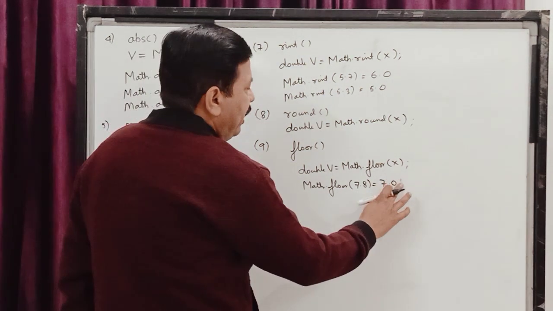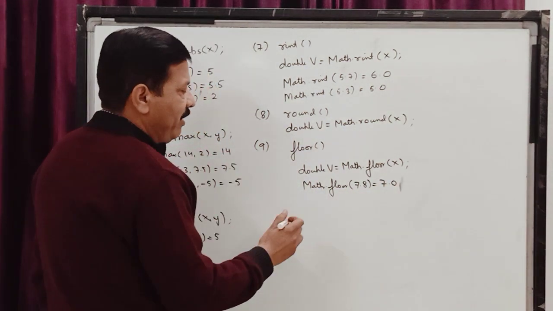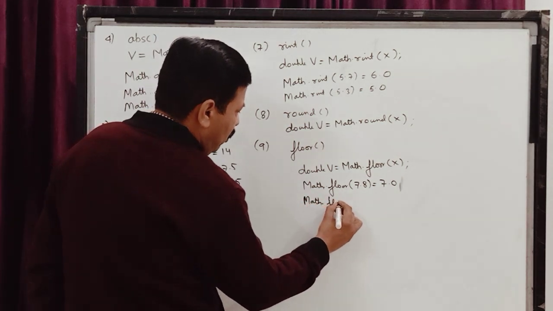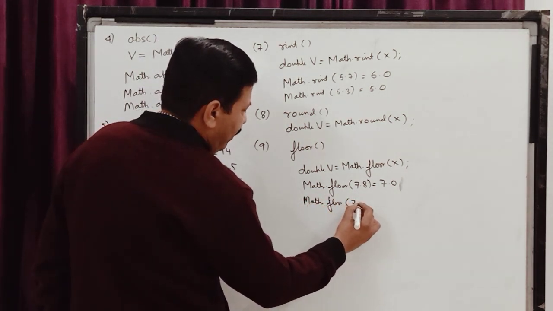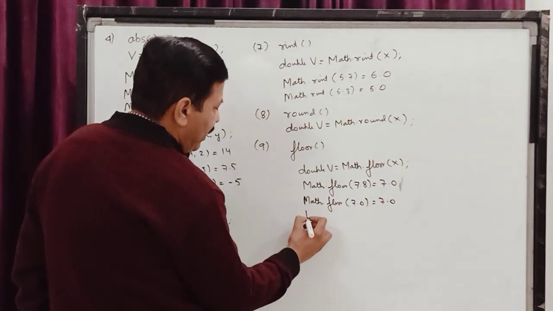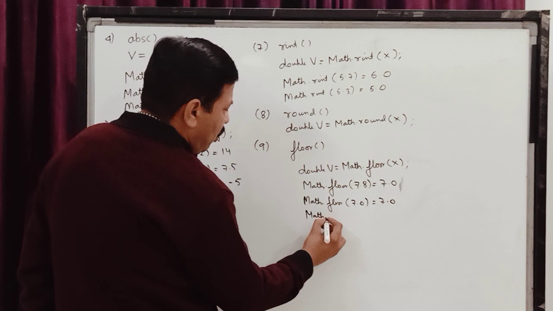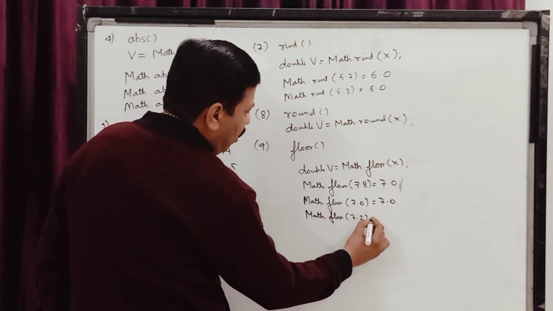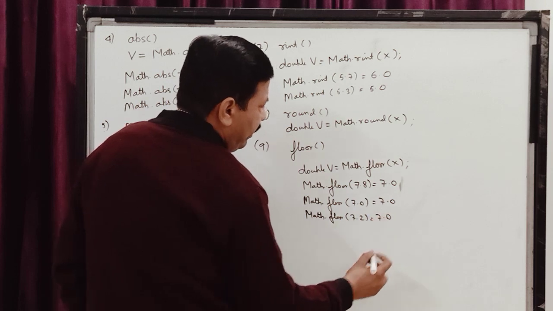So what it has done is, it has reduced my value, and say if my value is math.floor 7.0, it will give me the value 7.0. Even if my value is math.floor 7.2, then also it will give me a value 7.0.